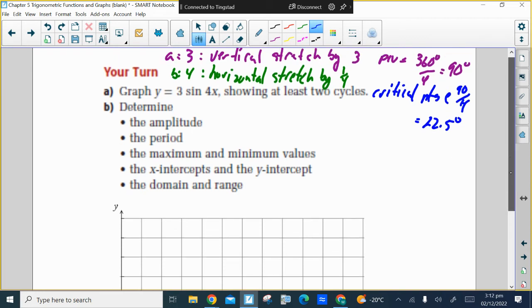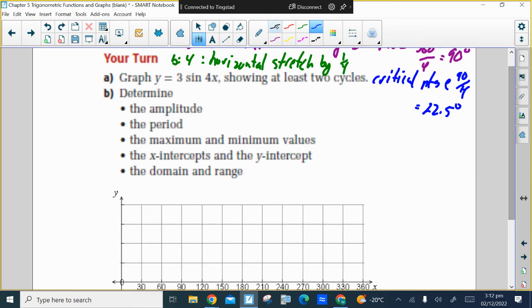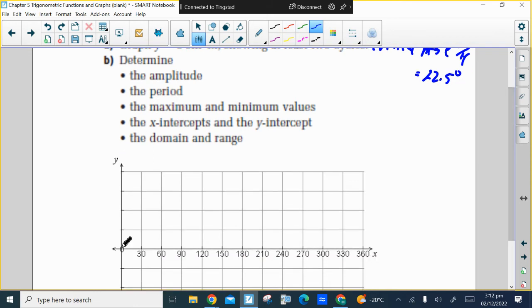But this is a transformation of y equals sine x. So that's our base graph. Sine starts in the middle, heading upwards. Our next critical point, we're at our maximum of 1. Back to the middle. Minimum of negative 1, back to the middle.